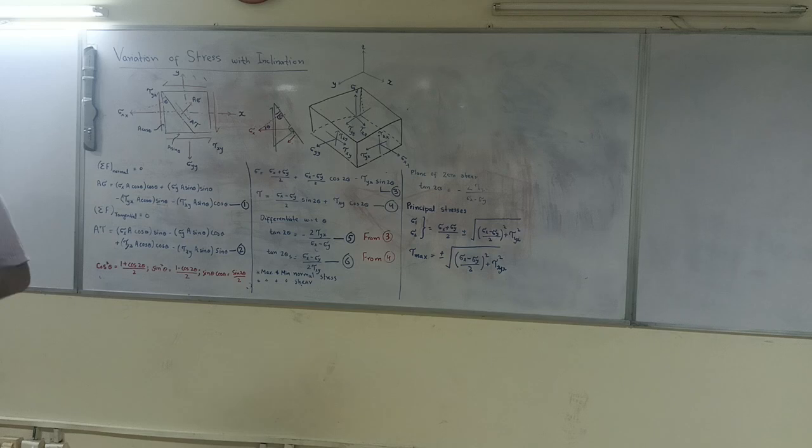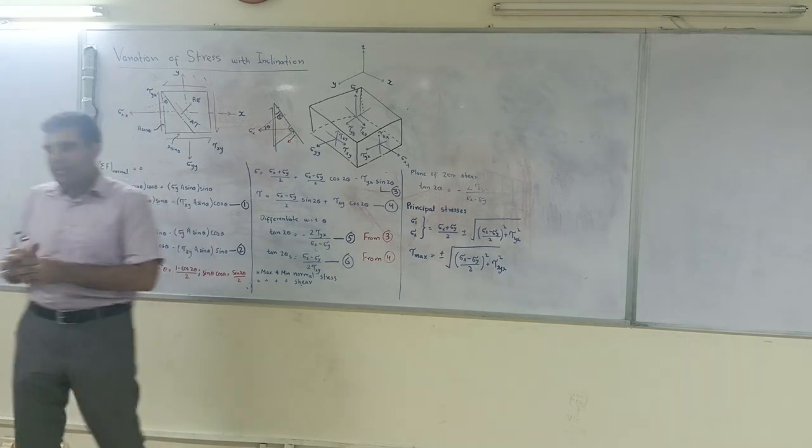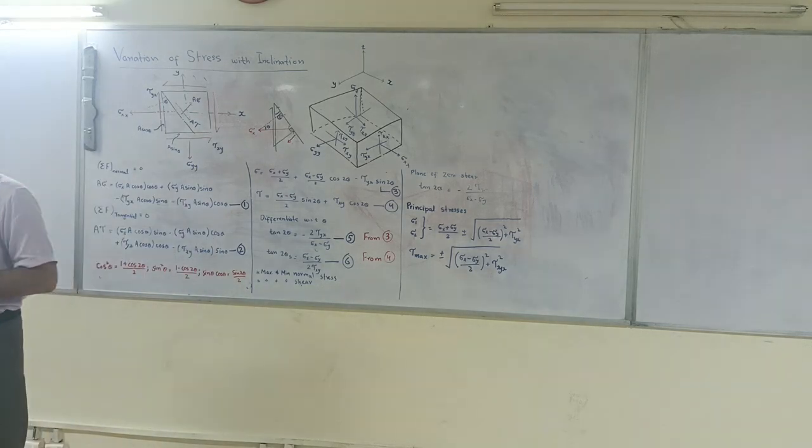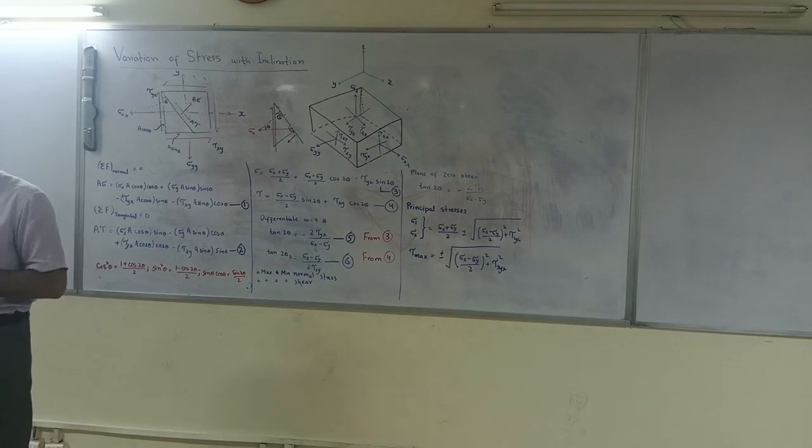For example, if you are saying that compression is negative and tension is positive, then stress max would be the maximum positive and stress min would be the maximum negative. So that can be your maximum and minimum, or it can be maximum compression and minimum compression, or maximum tension and minimum tension.